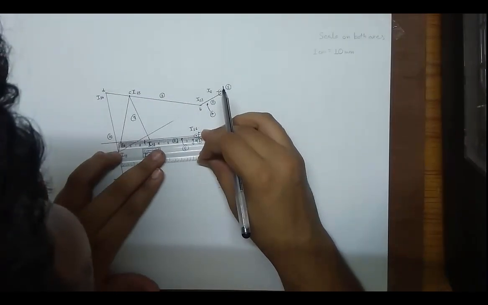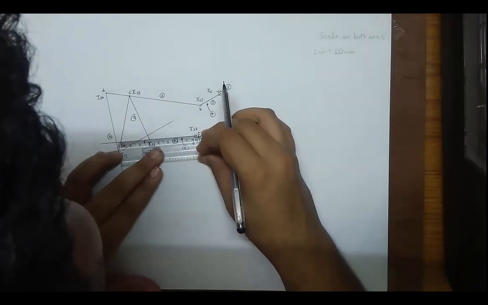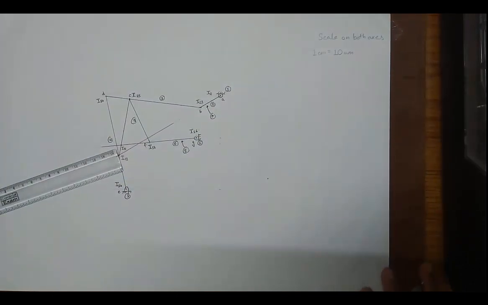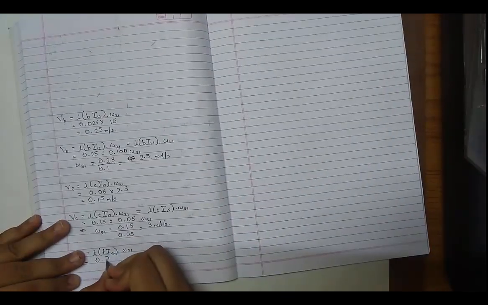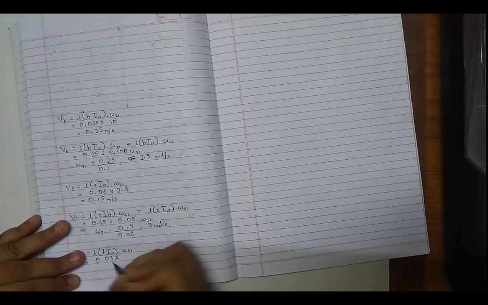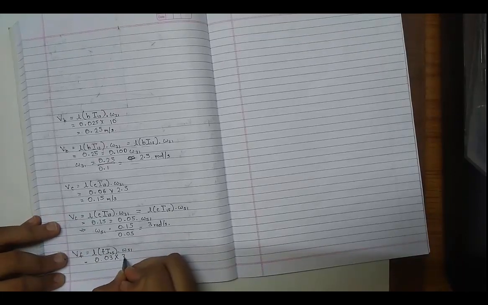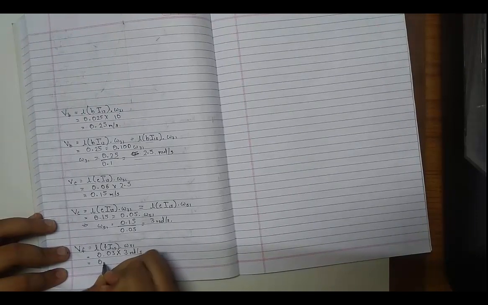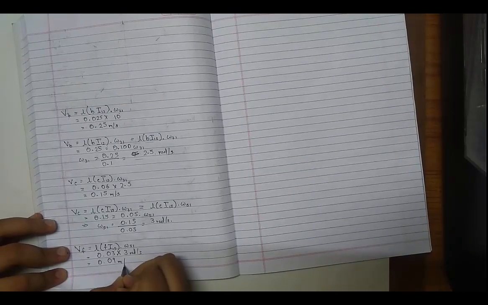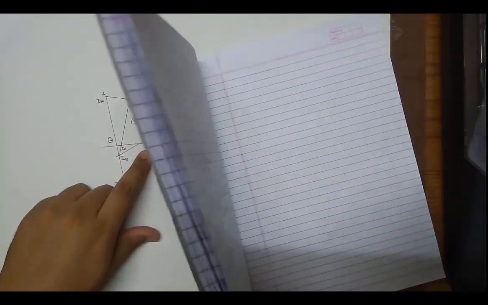It is nearly 30 mm, it is 31 mm. Do not round off like this in the exam. I am just doing it because it will make my work faster. So 3 radians per second, so it is 0.09 meters per second. That is velocity of F.